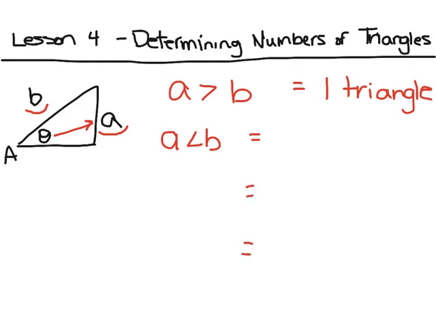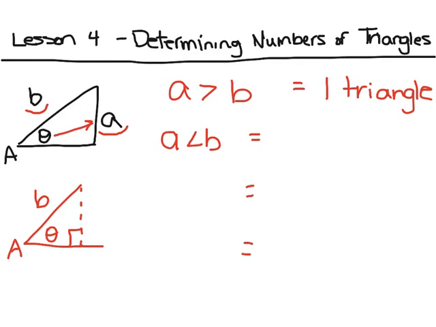The way that you test that is you're going to find the height of the triangle. So if you imagine that this is your triangle, you're given A, this is the angle, and you're given B, you're going to find the imaginary height that would make this angle a right triangle.